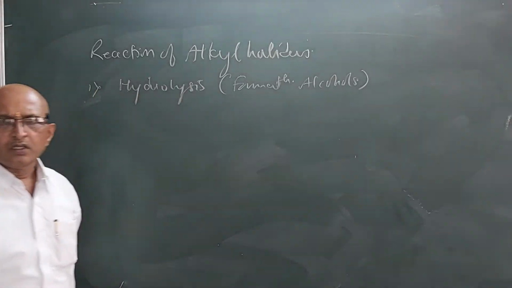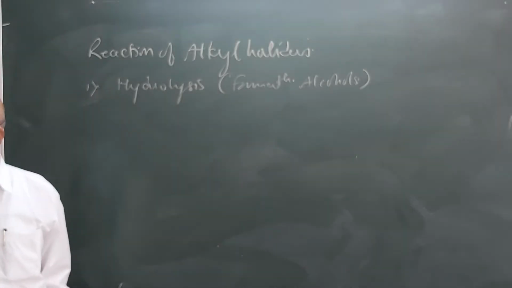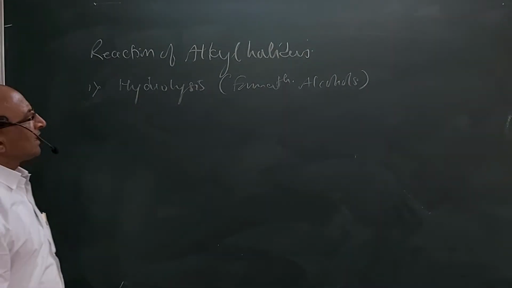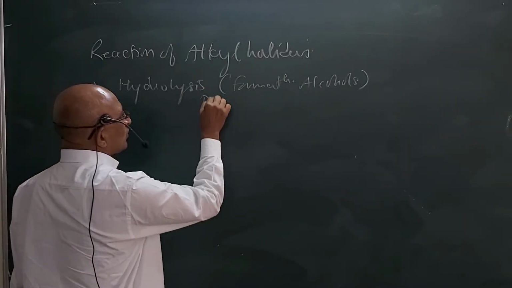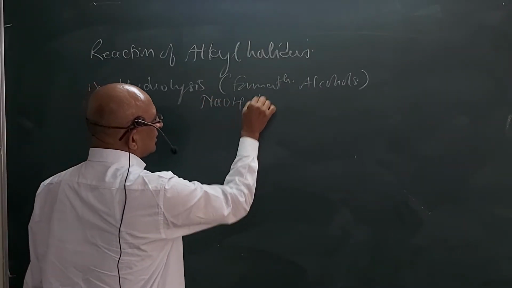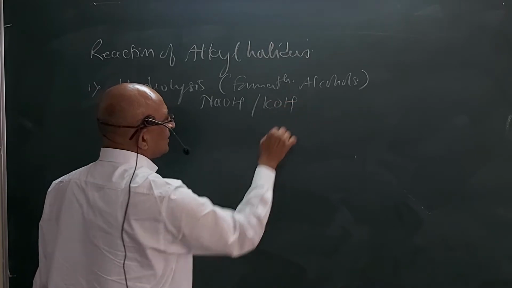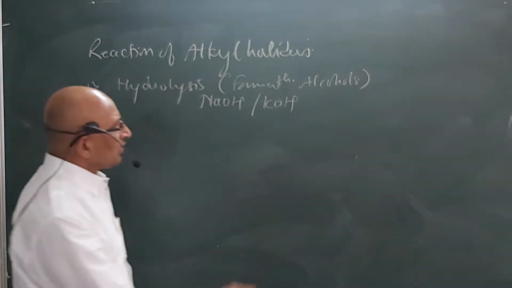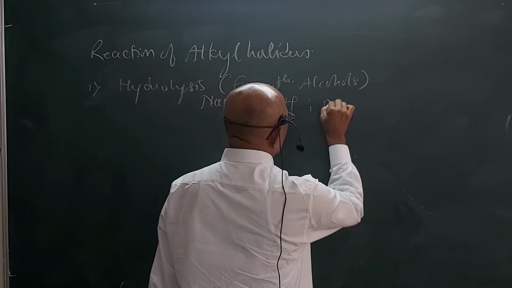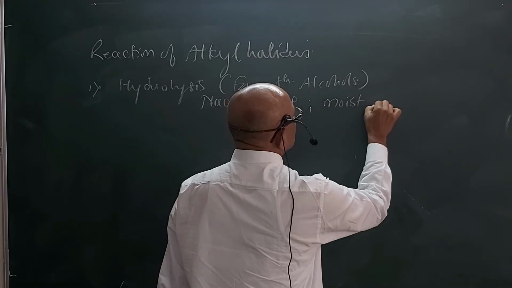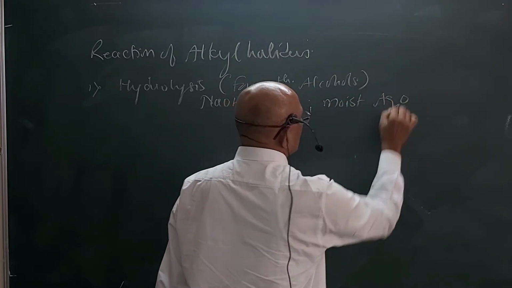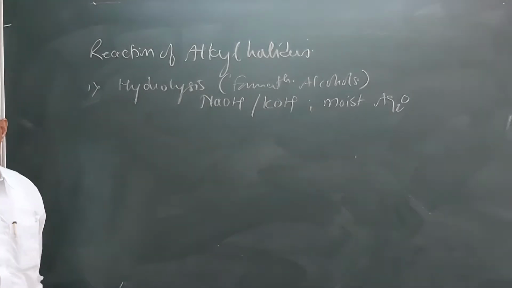Here, on treating the alkyl halides with aqueous dilute solutions of sodium hydroxide or potassium hydroxide, or we can also use moist silver oxide, which is going to give the silver hydroxide.